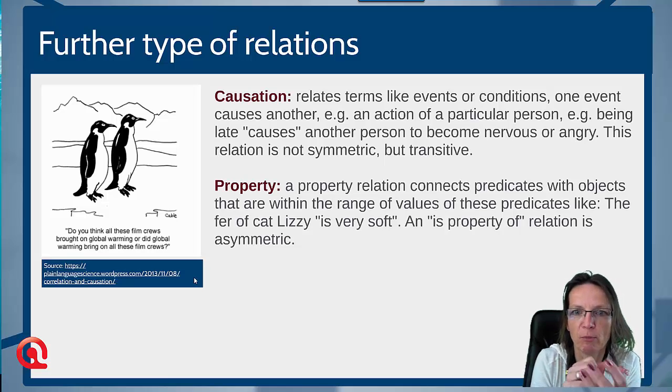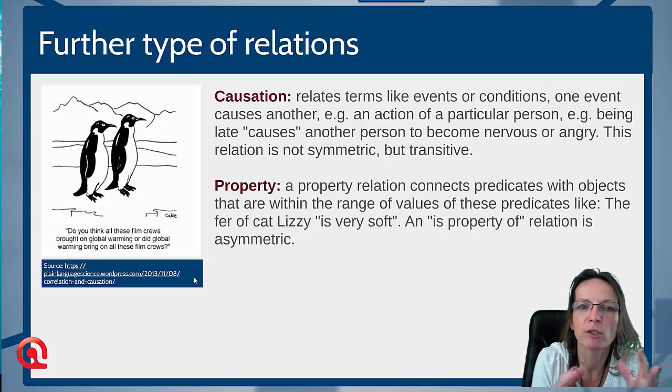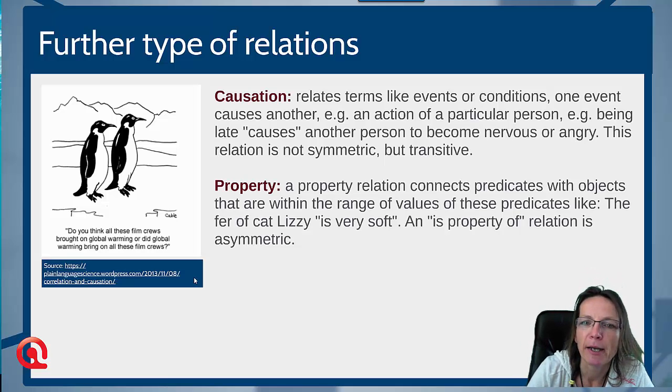So you probably have read it in the meantime. Causation relates terms like events or conditions. One event causes another, like an action of a particular person being late causes another person to become nervous or angry. So things like that you may express, and you have in your data that you want to express by linking your concepts.